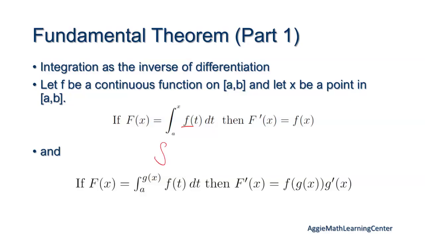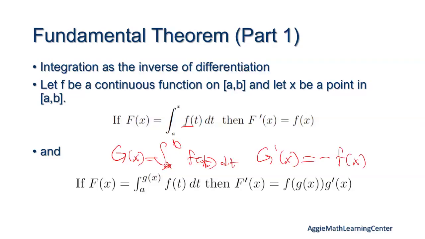If there was something else, like if x was in the denominator, so the integral from x to a of f of t dt, call it capital G of x to distinguish it, and we took G prime of x, it would be very similar, only now it would be negative f of x.